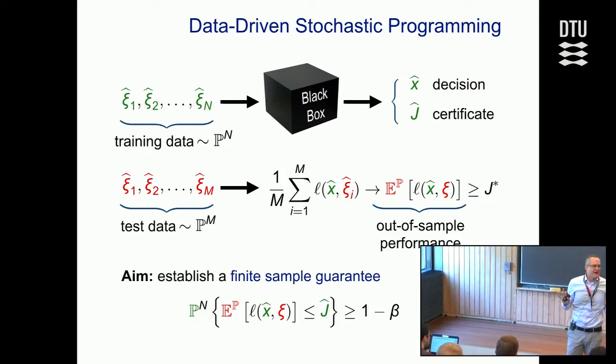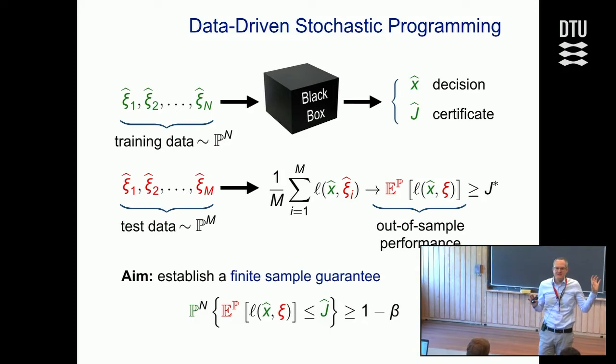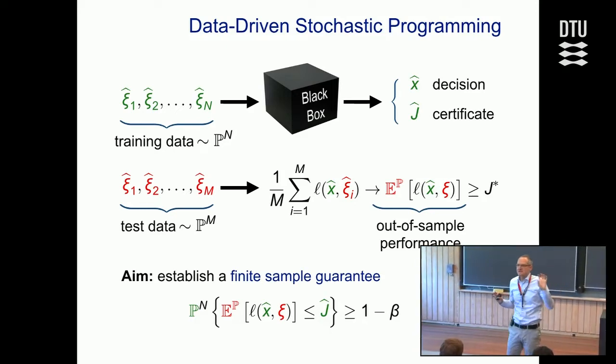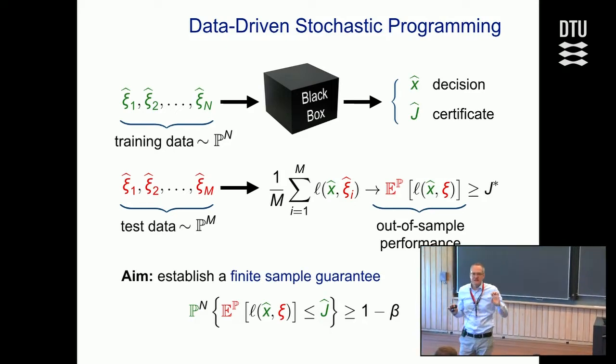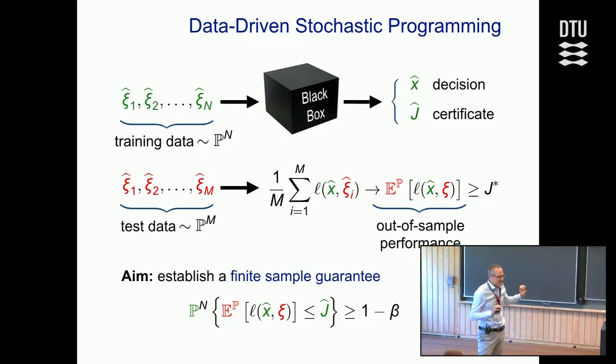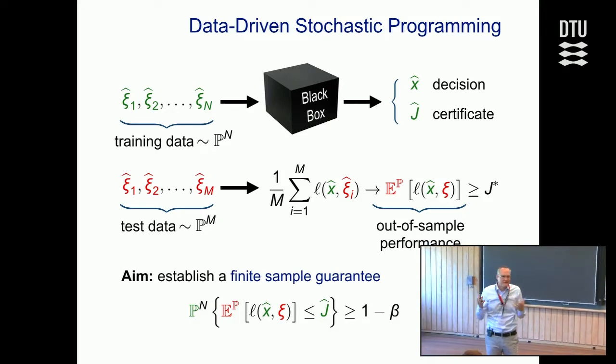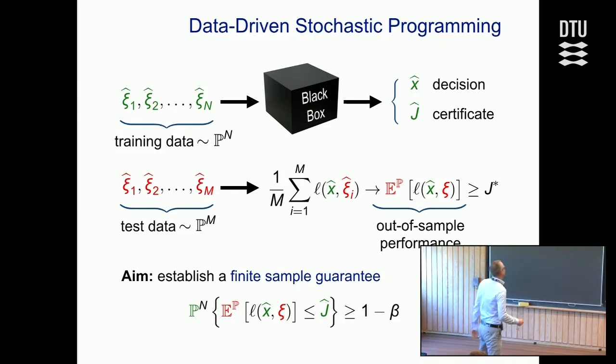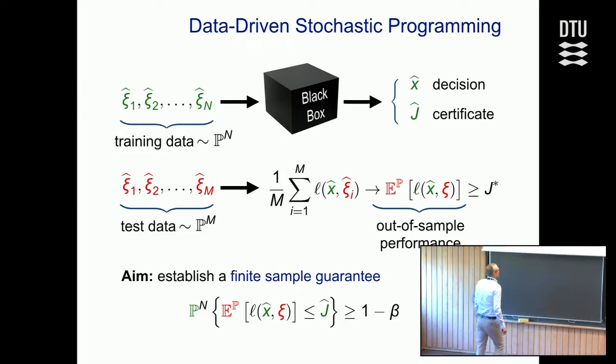So that's the goal. I would like to put some method into the black box that gives me a candidate decision X hat and a certificate J hat that I can compute easily and that give me a finite sample guarantee.